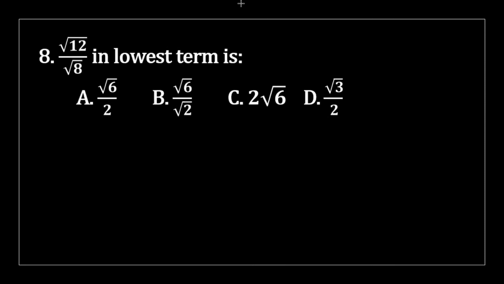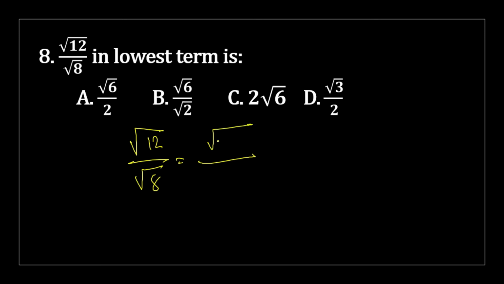Now let's go to number 8. Problem number 8: root 12 over root 8 in lowest terms is. So let's write it first: root 12 and root 8. Now let's express the number inside the root as a product of factors, wherein one factor has a square root.